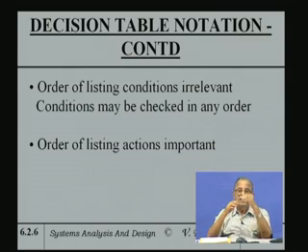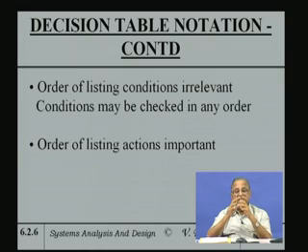Even if I write C1, C2, C3, I can reorder it as C3, C2, C1 or any order, and it does not really matter. That is for a simple reason: each rule will depend on the answers to all the conditions, and what order I check them in should not be relevant in the case of tables. In other words, the definition of a table says that the order of testing conditions is irrelevant.